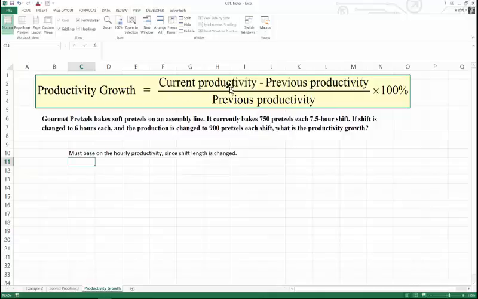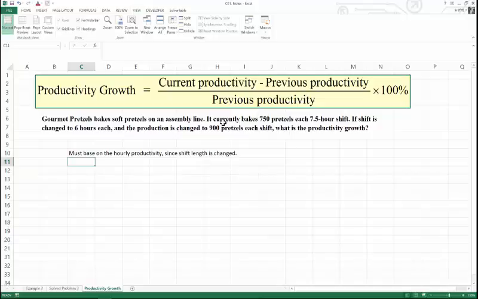Current and previous productivity in this formula just indicate that one happened ahead of the other.